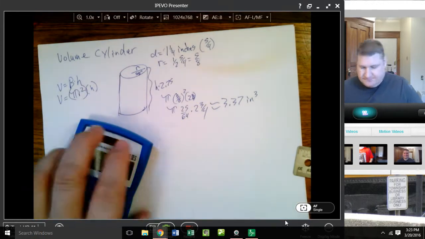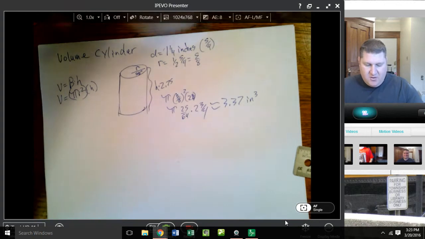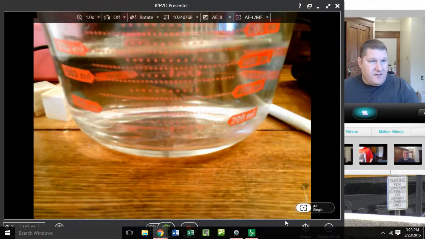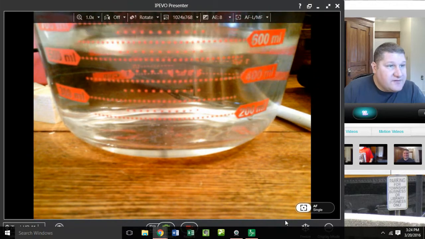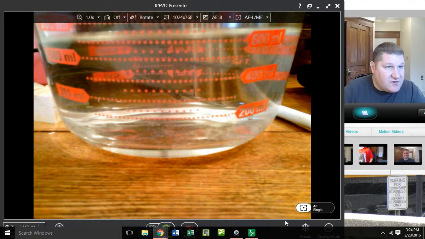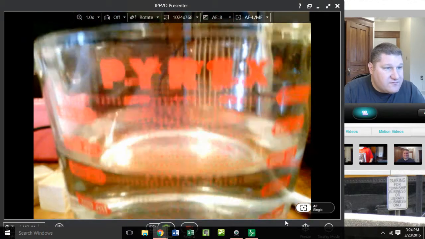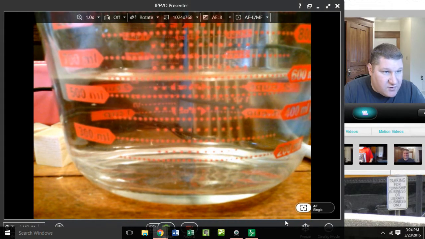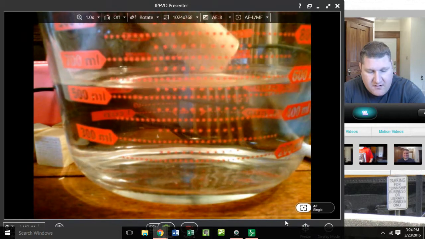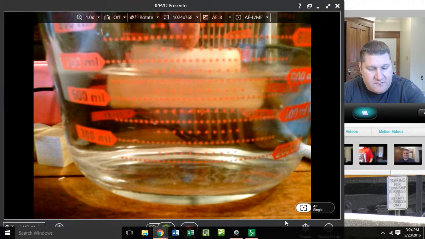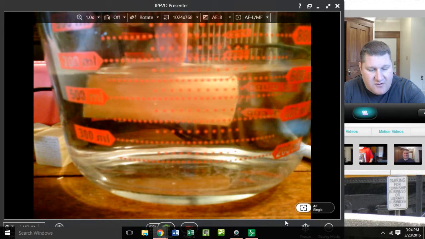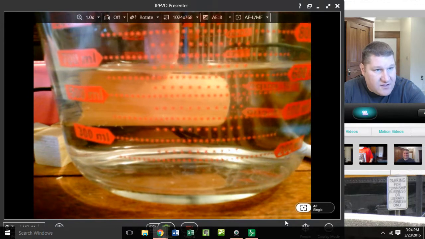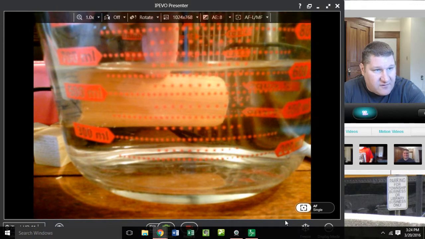In the same way, we could do the same deal we did last time, and do displacement again. In fact, it'll be a little easier to do displacement on this one. I have somewhere around 600 milliliters of water because I got my blocks wet last time. If I put this in and push it down to where it is just covered by the water, it goes up to about 650 milliliters.